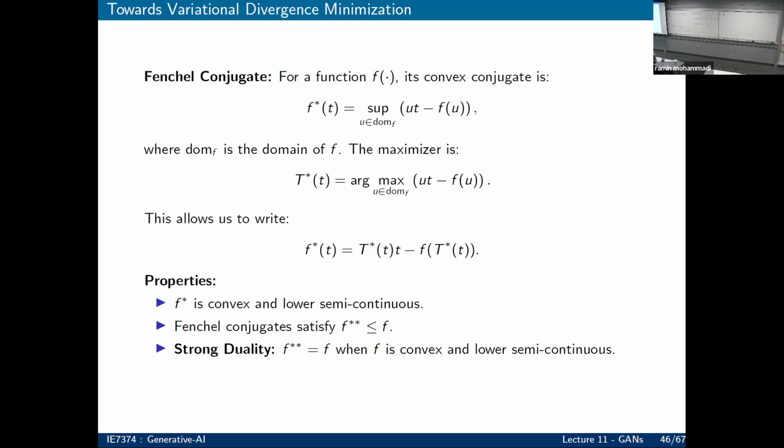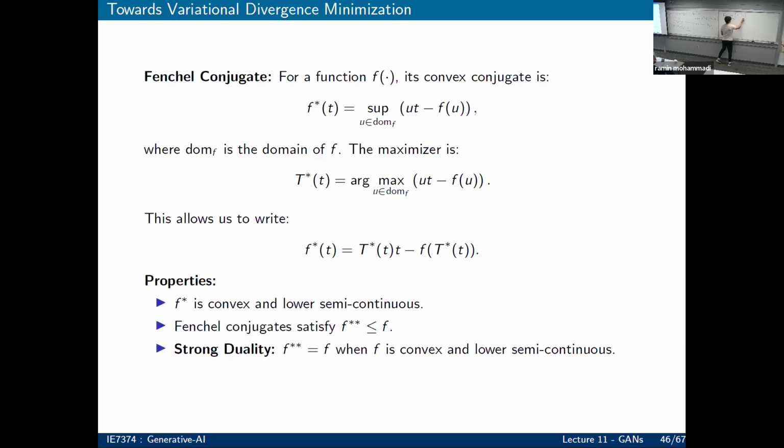You write the convex conjugate as f*(t) equals the supremum over u in the domain of f of ut minus f(u).